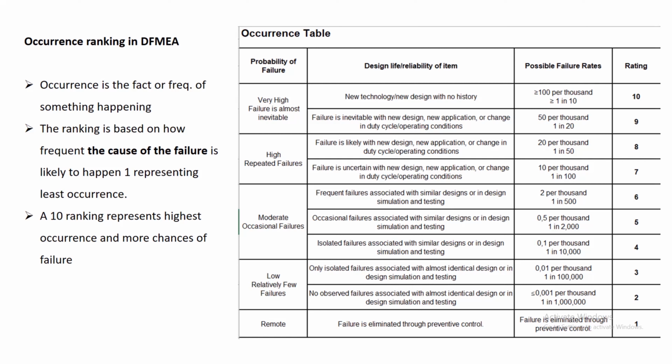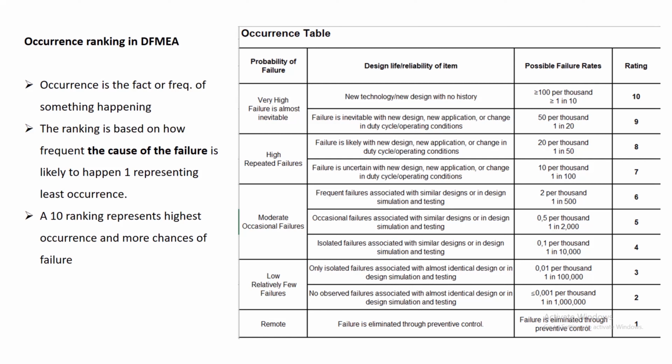The ranking for occurrence is based on how frequently the cause of the failure is likely to happen. If we rank from 1 to 10, 1 will be the least frequently occurring failure and 10 would be categorized as the highest occurrence and more chances of failure.